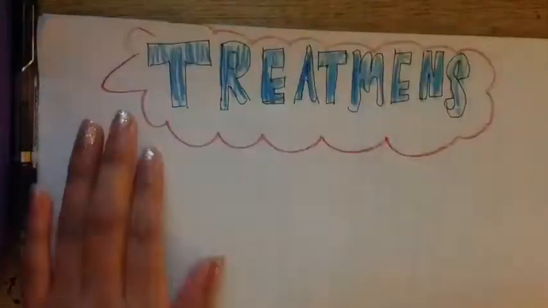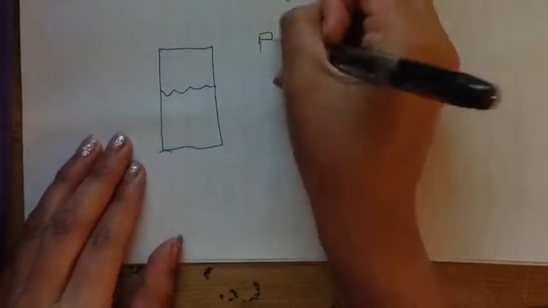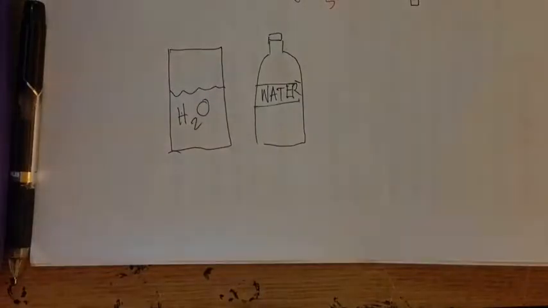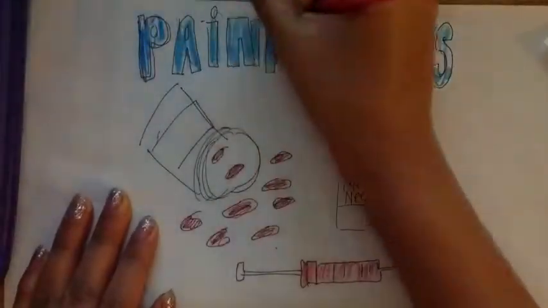Oxygen. You have to stay very hydrated when you have sickle cell anemia. Painkillers, because there are things that doctors may do to you that are very painful, like a blood transfusion.